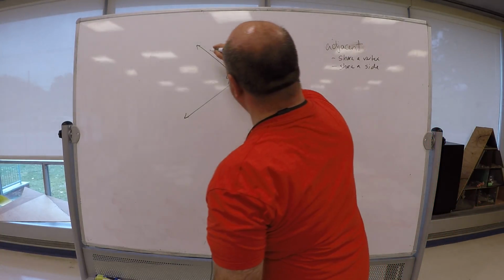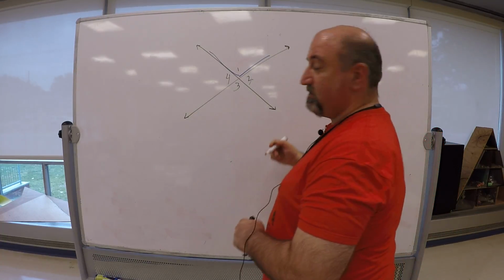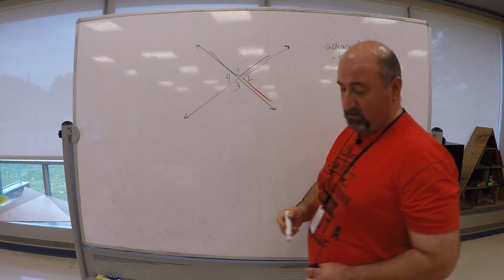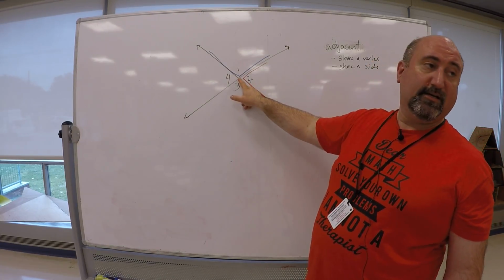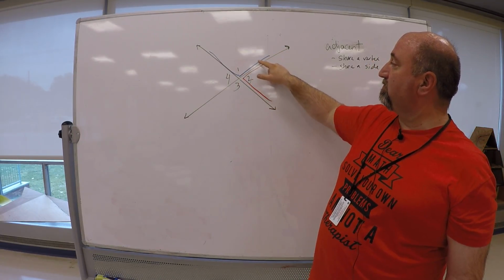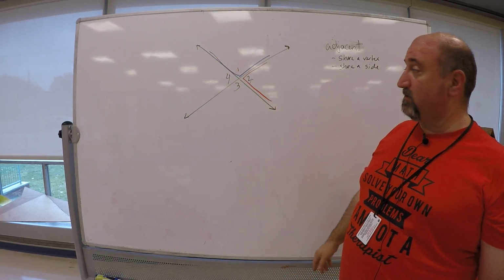So if you look at angle 1 and angle 2, you can see that those two angles share a vertex and they share a side. You see how the blue and the red are on the same side? So those angles are adjacent to each other.